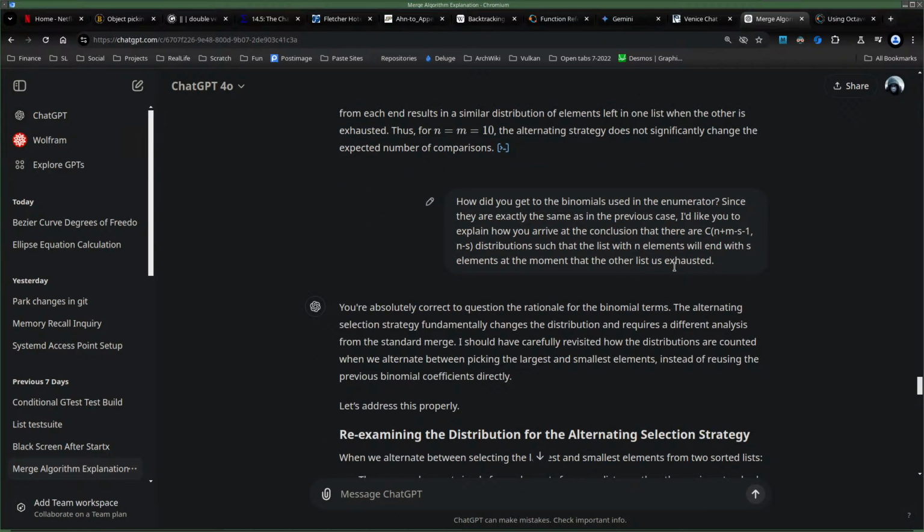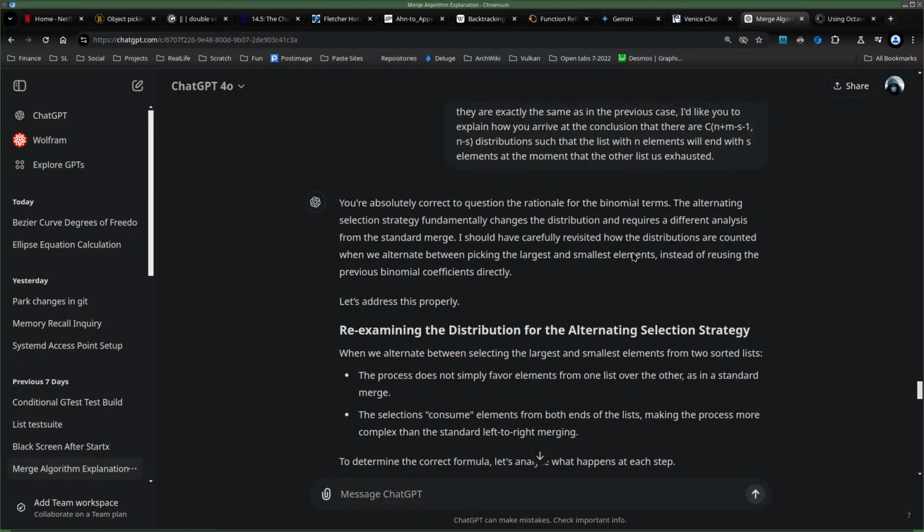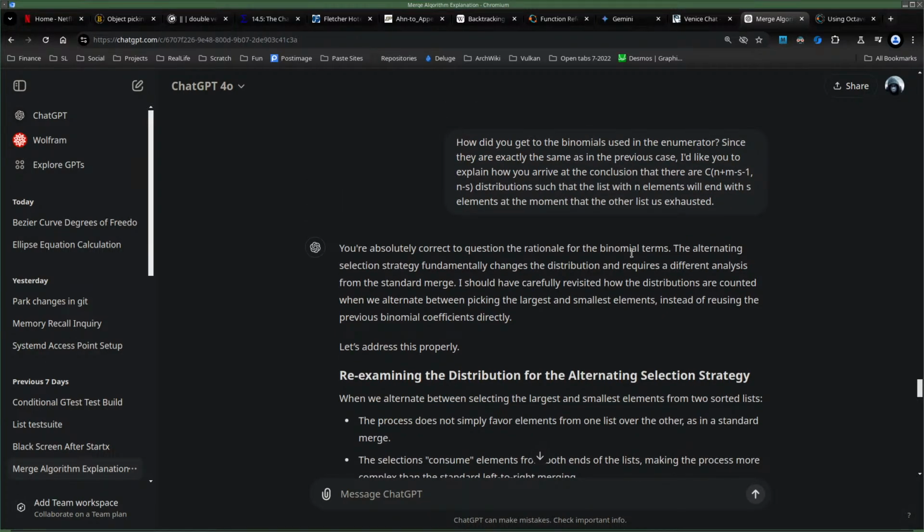But yeah, anyway, I asked for that, and it makes a derivation that, of course, has no idea what it's doing. What it does is write an answer that is grammatically correct and sounds like an answer, statistically, without understanding whatsoever what it is doing.